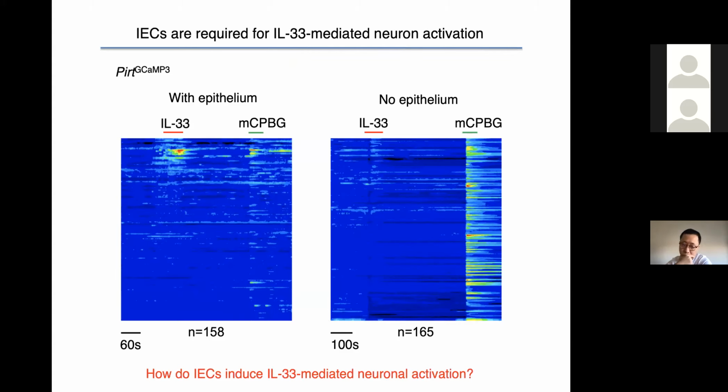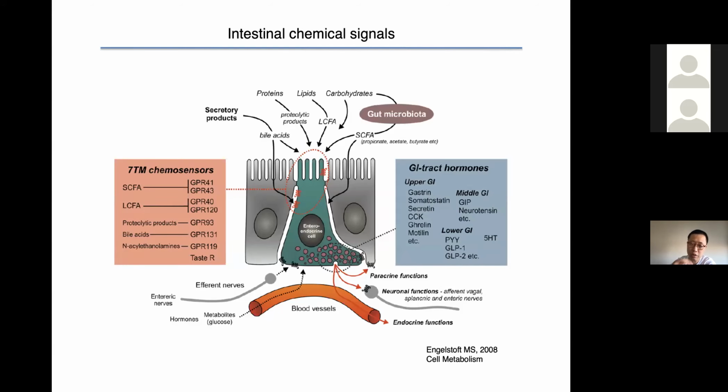So the next question is, how does this happen? How do epithelial cells control this neuronal activation? From previous literature, we know that a lot of epithelial cells function as chemosensors to perceive different signals, but most conventionally, these signals come from mechanical stimulation or microbiome metabolites.